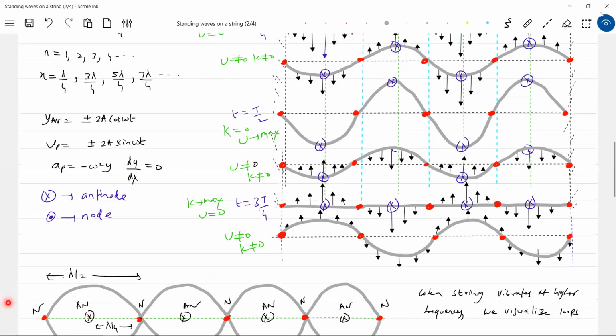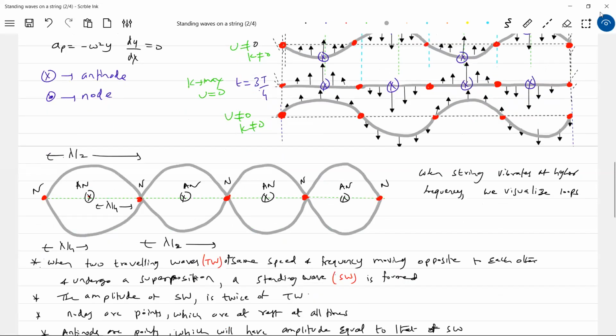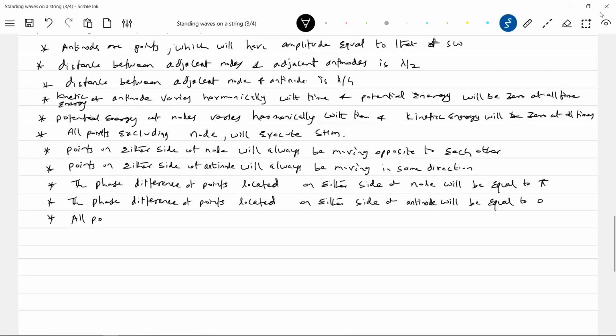Next, all points will have the same time period.